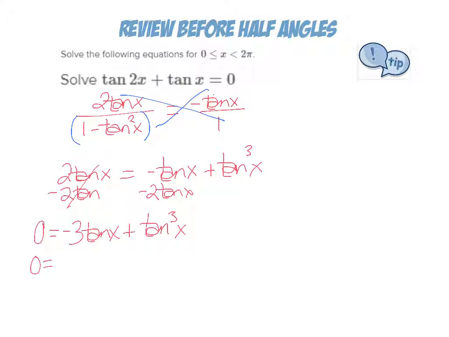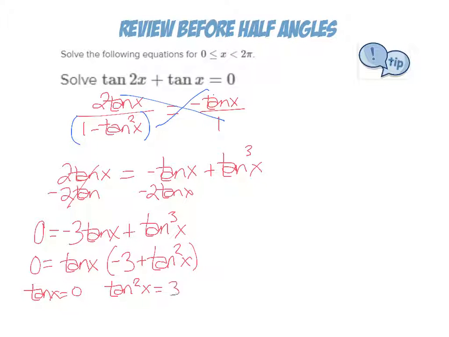Let's go ahead and pull the tangent x out, and in parentheses I would be left with negative 3 plus tangent squared x. And we'll set each of those equal to 0. Tangent x equals 0, and then on this second part, I'm going to add the 3 over, and then I'll square root both sides, which will leave me with tangent x equals plus or minus root 3.